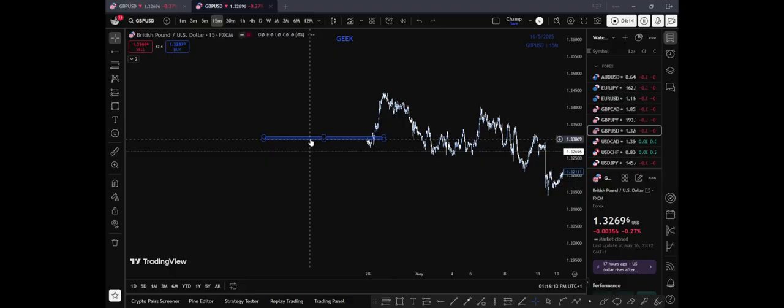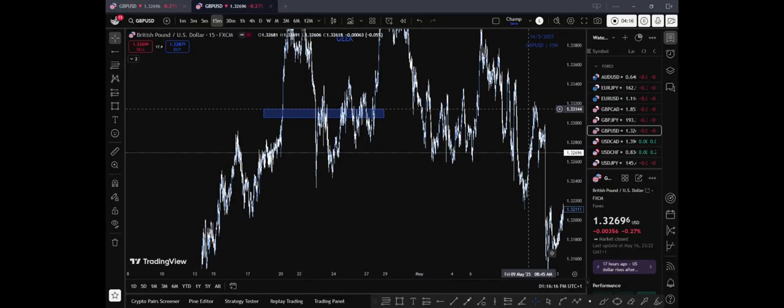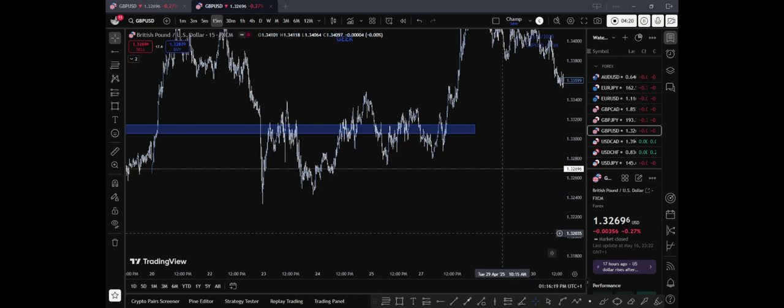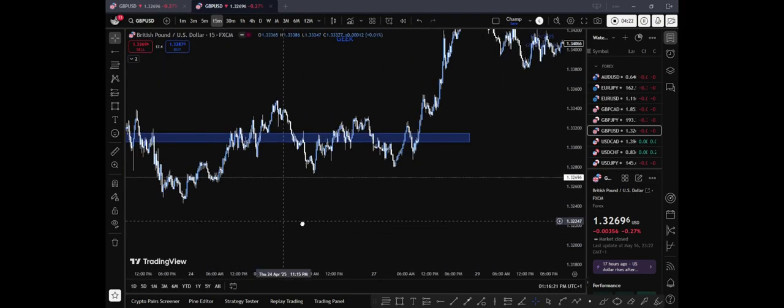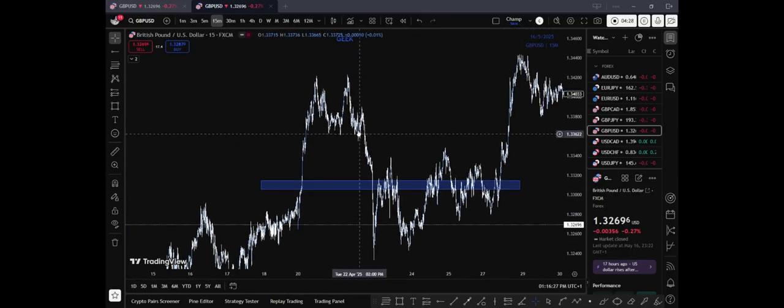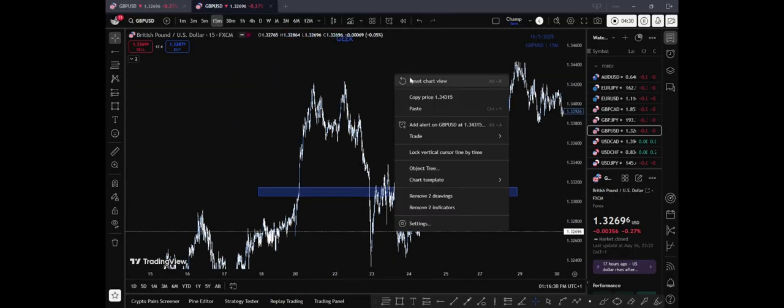You will be seeing this is the area where price came into. We have this here where price created a sign of strength, a market structure shift, a fair value gap, and then it expands in this direction.